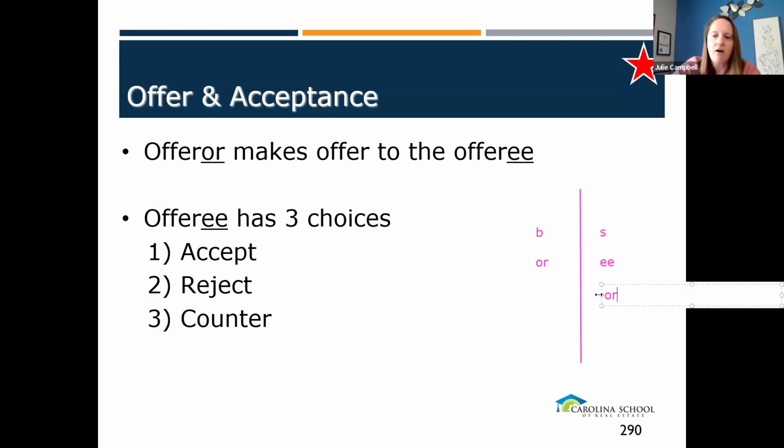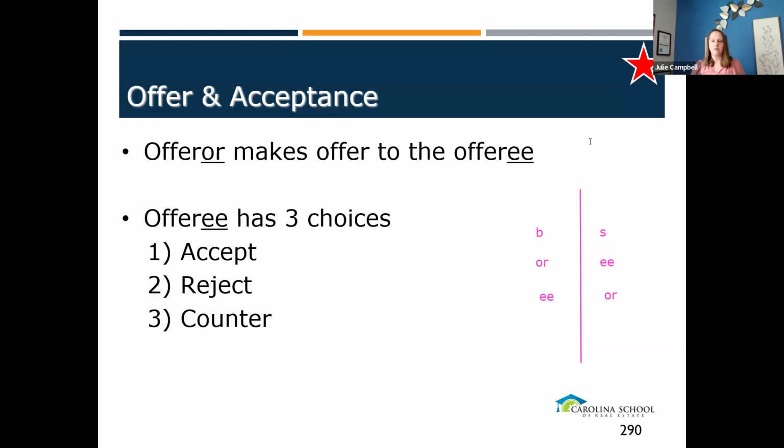And in a counter offer, the roles reverse. The seller is now making a brand new offer to the buyer. I'm good with all these terms, but the purchase price. The seller becomes the offeror.